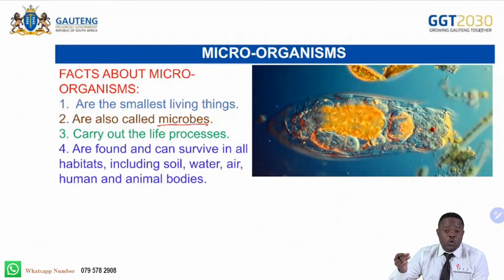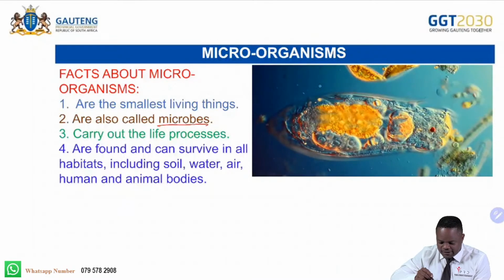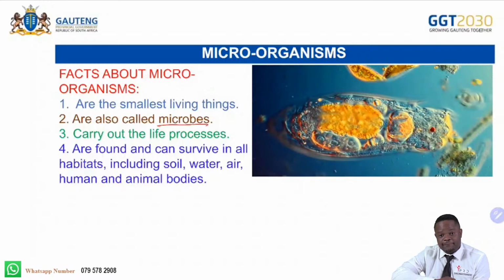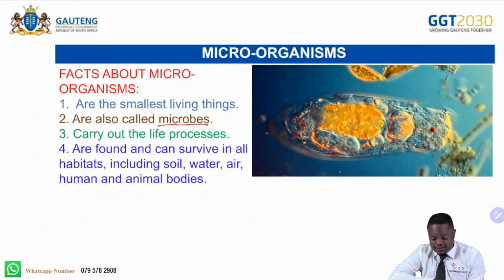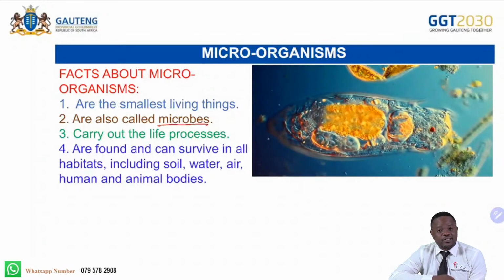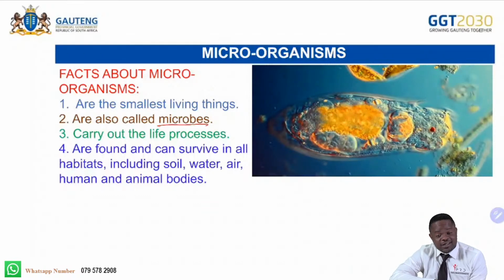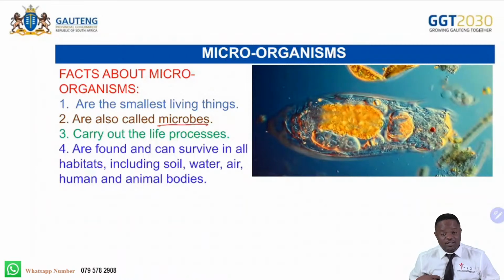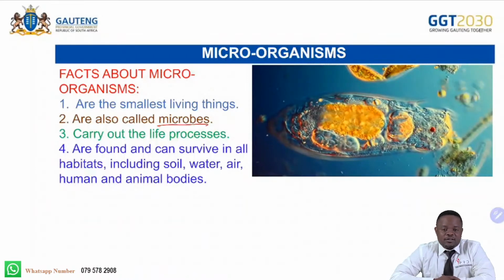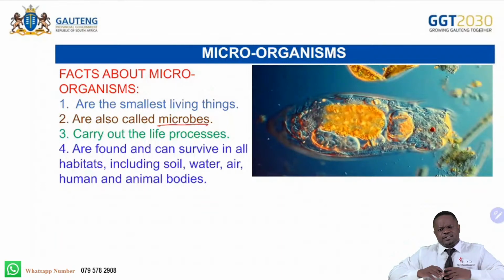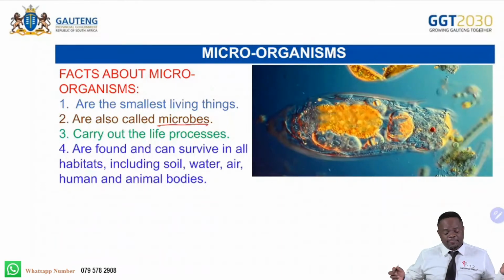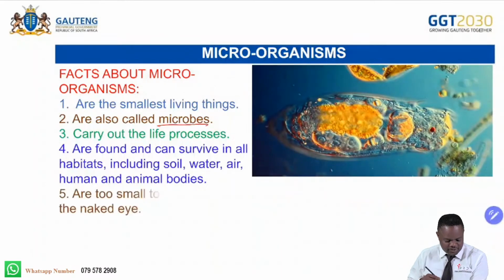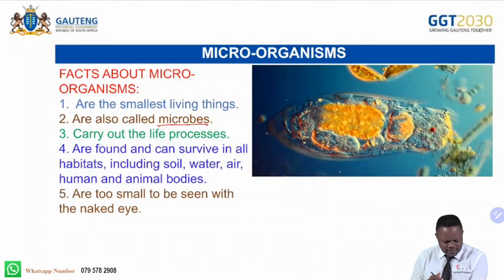Water, the one that you're observing there is found in water. This typically, you find it in water. You can find them in air. And you can find them even in our bodies, and even in the bodies of animals. So basically, you can find them almost anywhere. All right, so they live in different habitats.